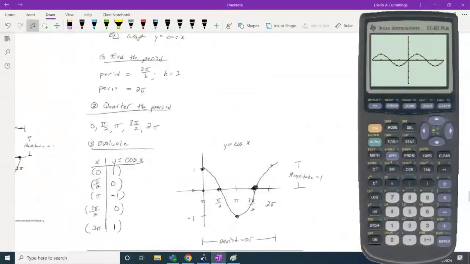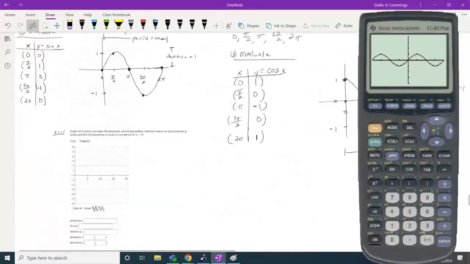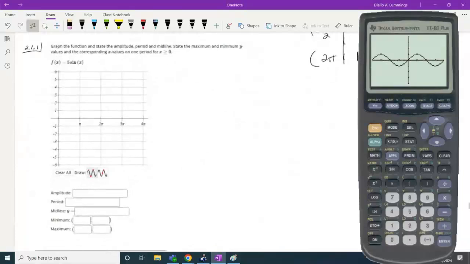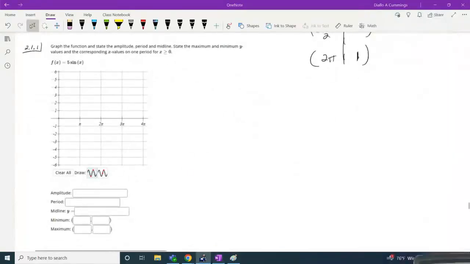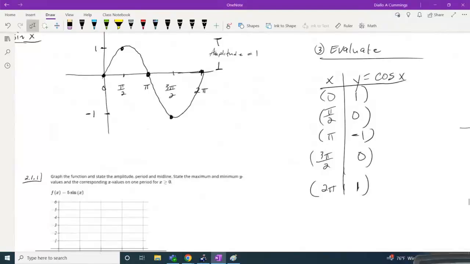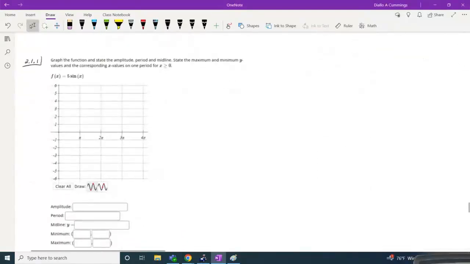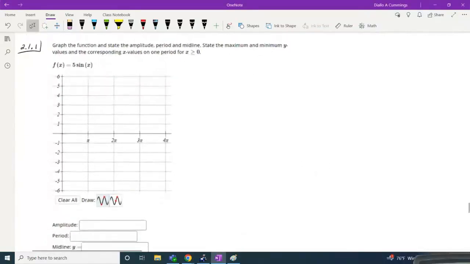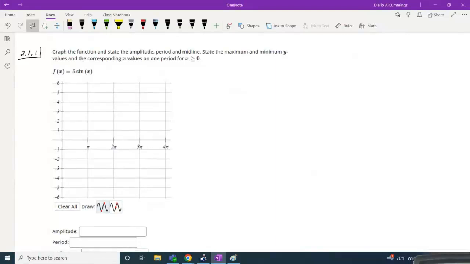All right, now let's take a look at some problems. Can everybody see that? Okay, so this is actually similar to the very first problem. It says graph the function and state the amplitude, period, and the midline.